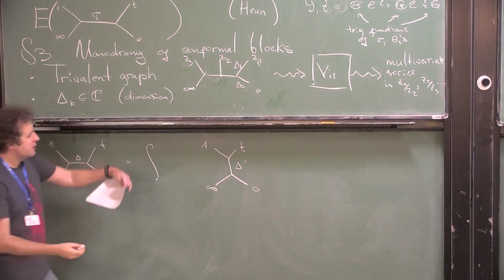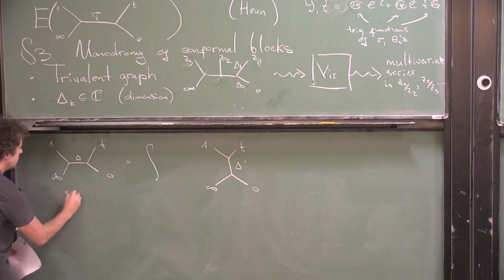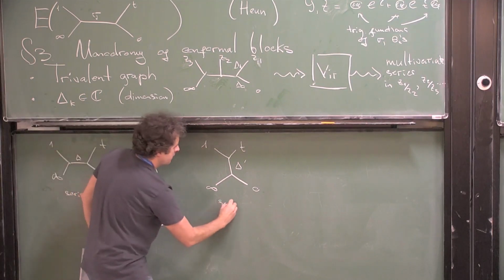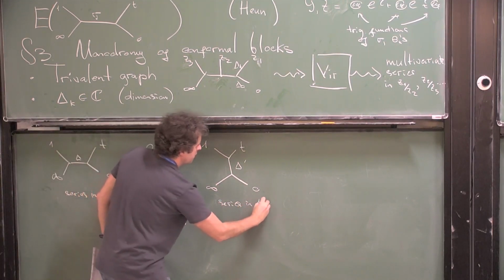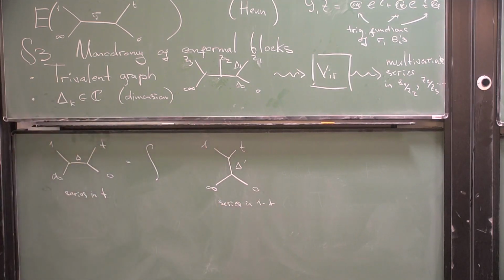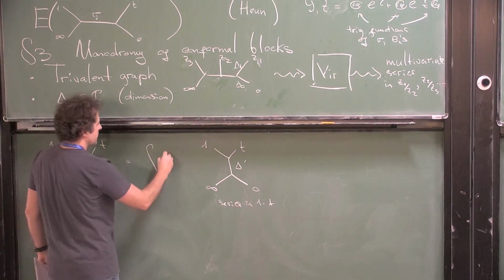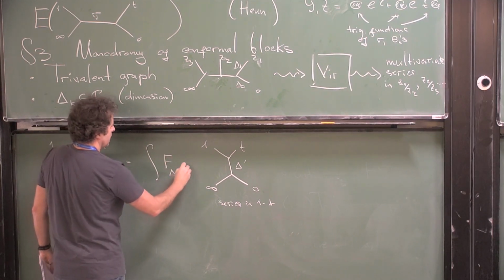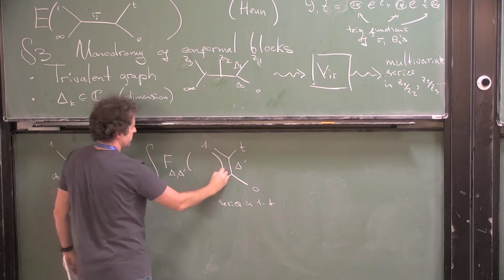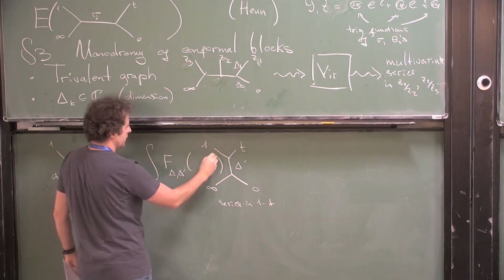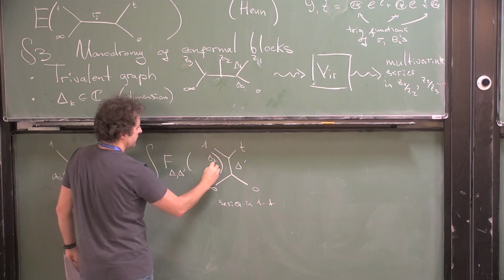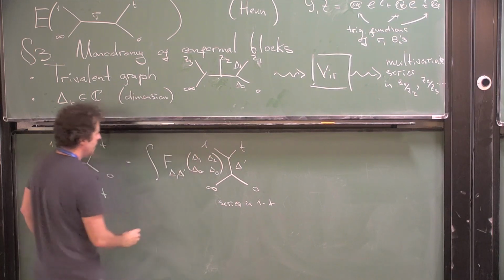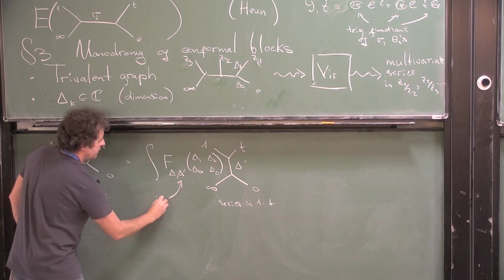So this is a series in t. This is a series in 1 minus t, and these two series are related by an explicit transformation F of delta prime. Then, of course, this matrix also depends on the other external dimensions, so delta t, delta naught, delta 1, delta infinity.